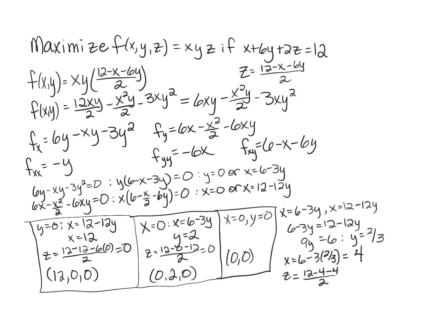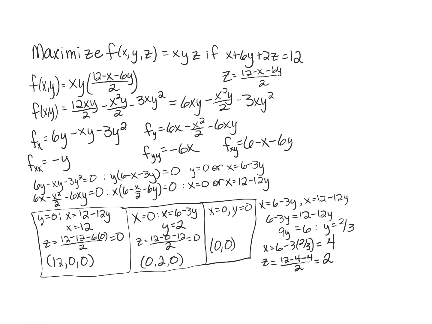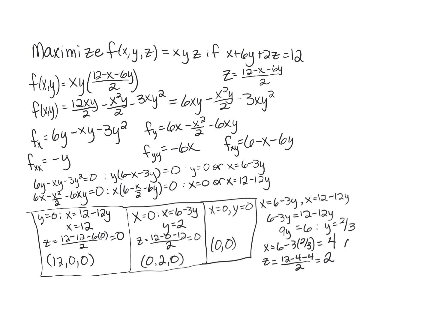So 12 minus 8 is going to be 4 divided by 2. I get z equals 2. And I have the point now. X is 4, y is 2/3, and z is 2.